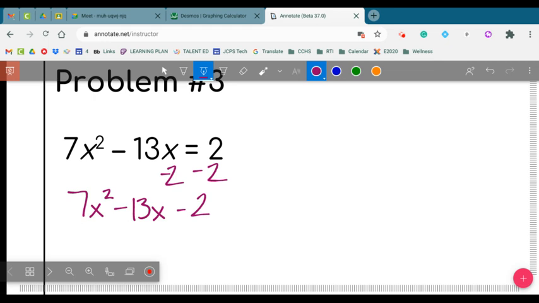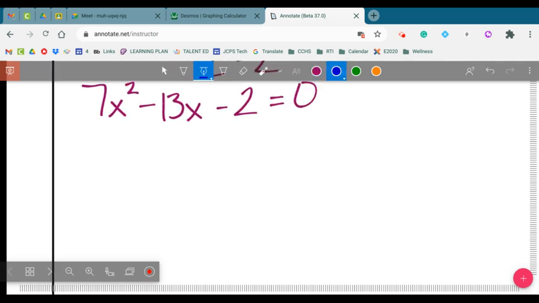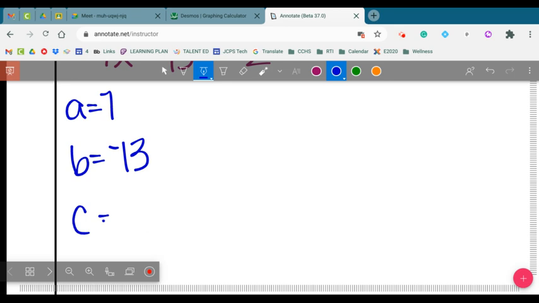I know I can't just factor this one, but I know I can always use the quadratic formula. So my a value is 7, my b is negative 13, and my c is negative 2.